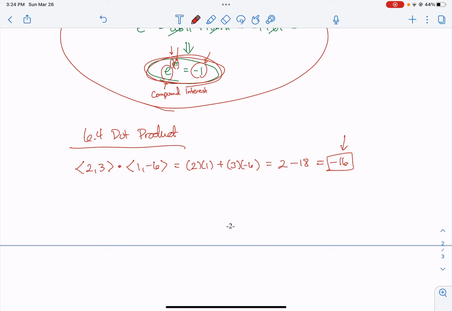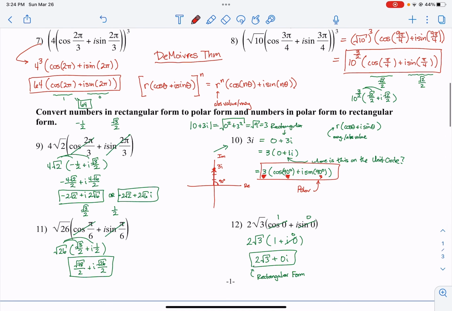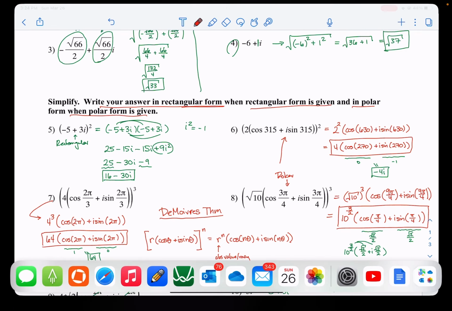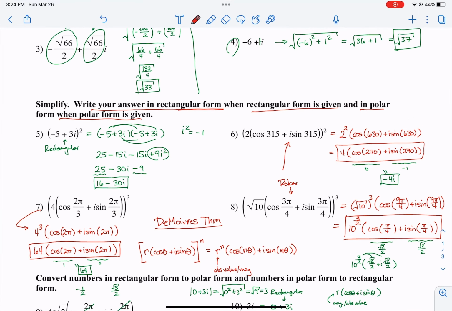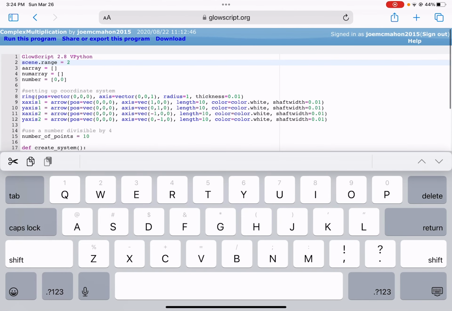So anyway, also in addition, keep in mind that program I had that simulates complex numbers raised to a power, like these problems in the middle here. All I want y'all to do for the homework is to go to that program when it's posted on my website. Let me go ahead and run it here.